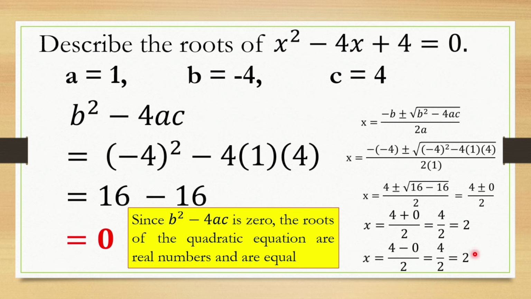So, kung mapapansin nyo, sabi kanina, kapag ang result mo dito ay 0, the nature of roots mo ay real numbers at equal sila. So, as you can see, after na i-substitute natin siya sa quadratic formula, equal sila. So, okay. That is the first case.